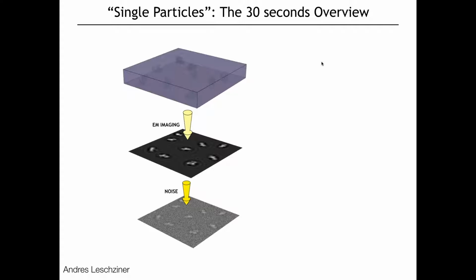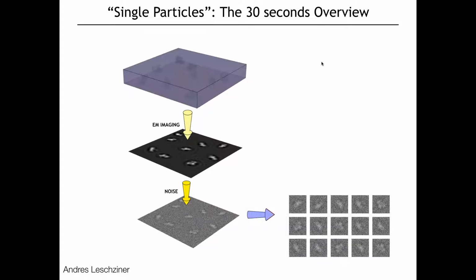The images are also corrupted by noise, and there are multiple sources of noise in electron microscopy. So these are the single particles that we would obtain: individual images of particles corrupted by the CTF and with additional noise.